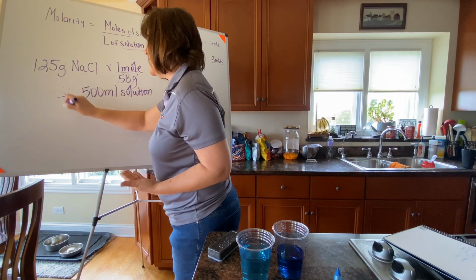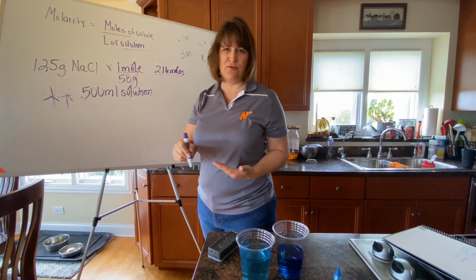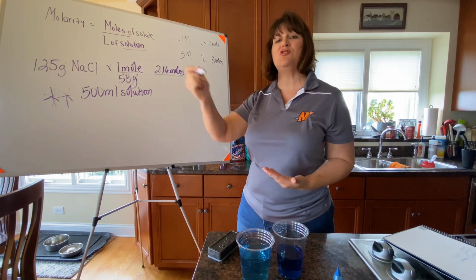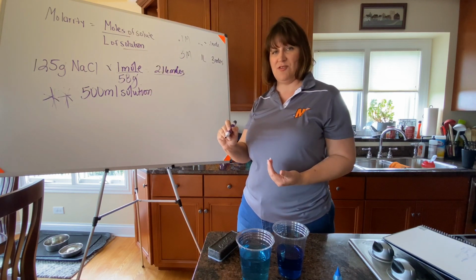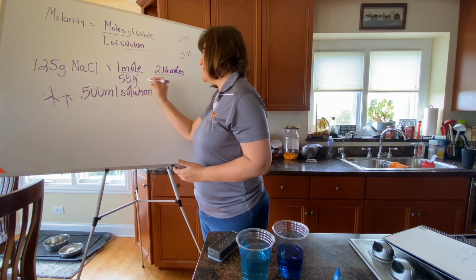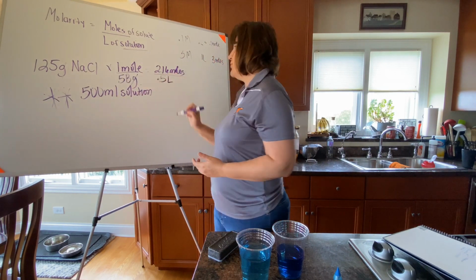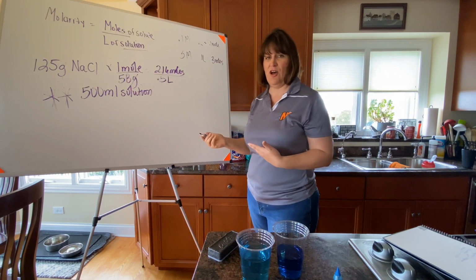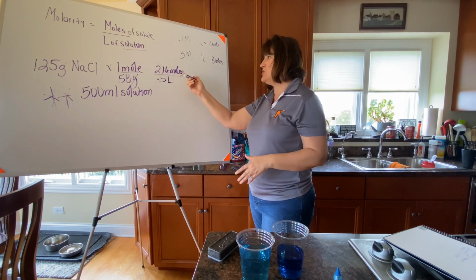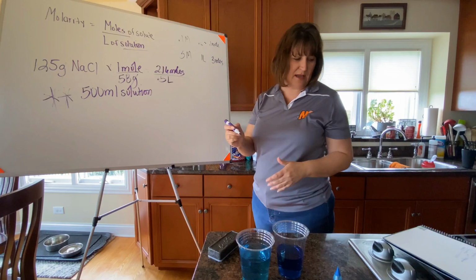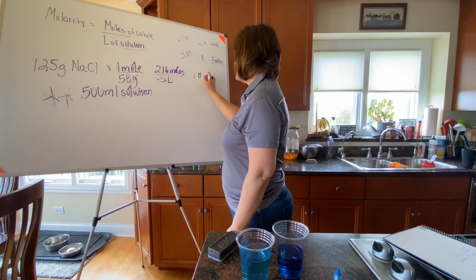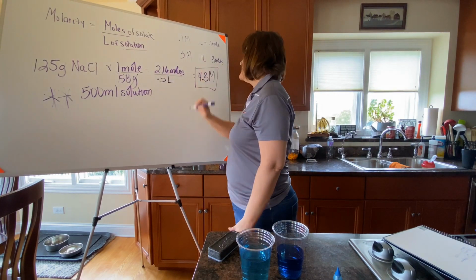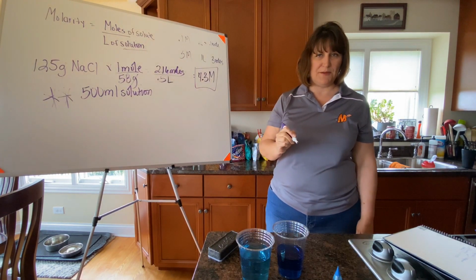This is one of my favorite tricks that I will often give you milliliters and expect you to convert it to liters. Move your decimal place over. Now we're ready to do division. Plug and chug, as we like to call it. Put it into your calculator. 2.16 divided by 0.5 is a 4.3 molar solution.